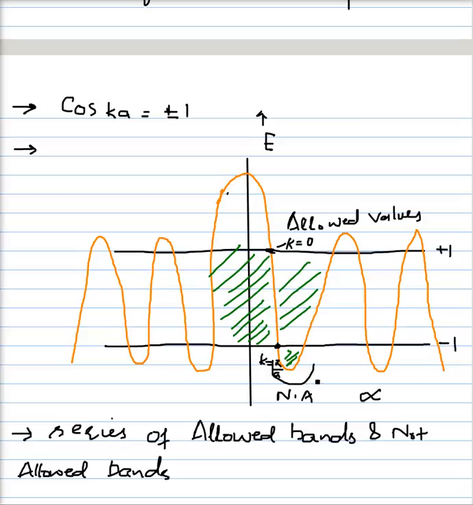So this can be labeled as pi upon a, both are pi upon a, and then these 2 points correspond to k equals to 2 pi by a. The lower 2 points correspond to k equals to 3 pi by a.